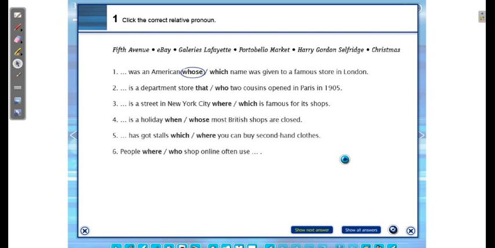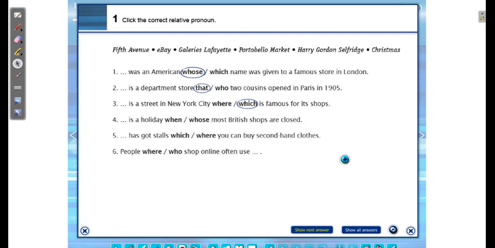Is a department store who took Cousins open in Paris in 1905. We're talking about a department store. What's a department store? Is it a person? No, it's a thing, right? So that is a pronoun. Is a street in New York City which is famous for a shop. We're talking about a street. A street is a thing. So which is famous.